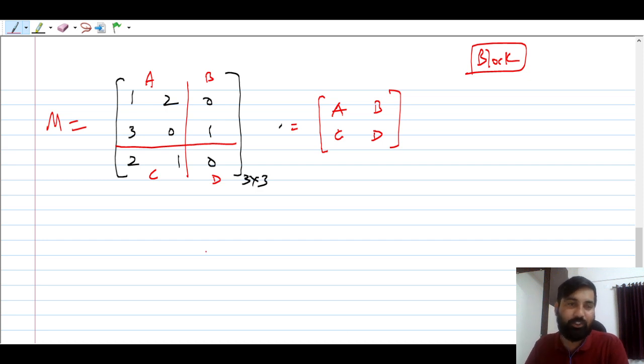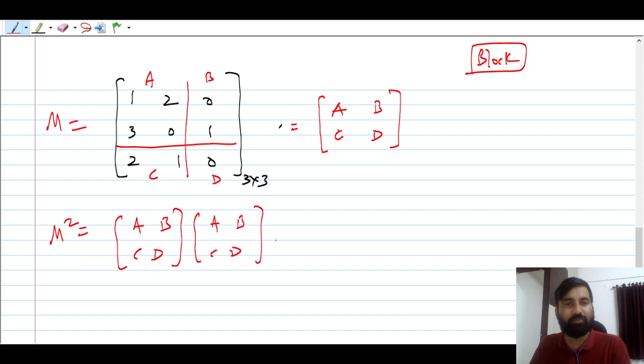Okay, now see, what will our M square be? M square is nothing but [A, B; C, D] times [A, B; C, D]. So you just multiply this, and you can write everything here.